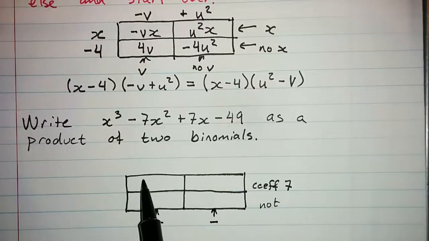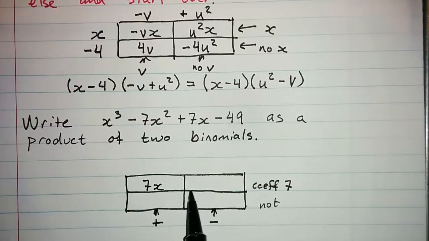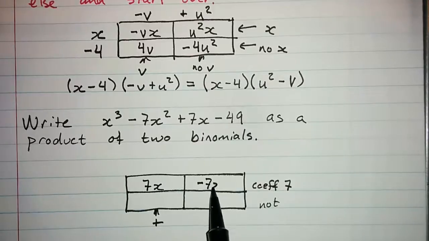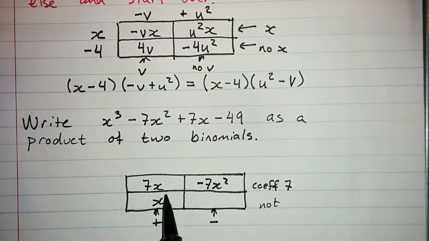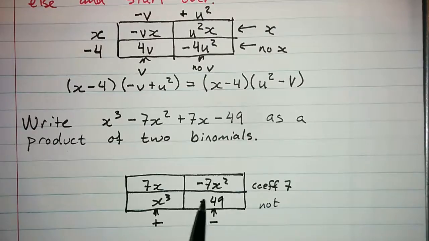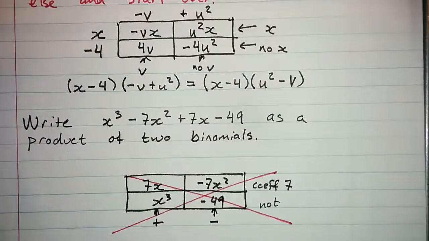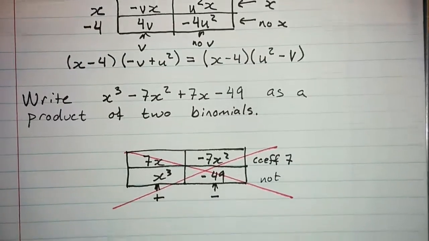So 7x, negative 7x squared, x cubed, negative 49. That doesn't work, does it? Because this row has no common factor. That might have been your first impulse to choose. I don't know. Maybe your first guess was the right one.